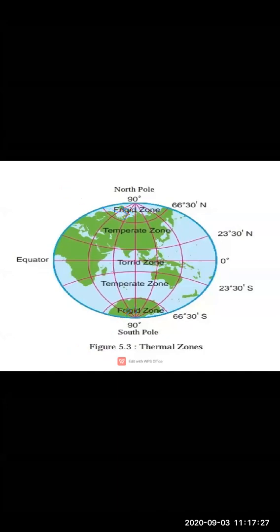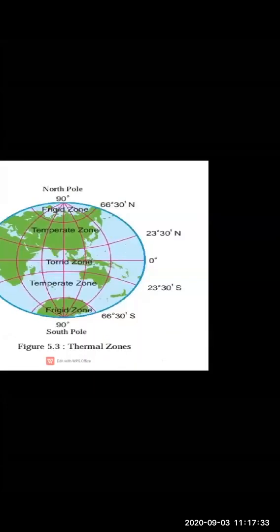Now moving ahead. I hope you have understood this, children. Now we are going to study that though latitude is the main factor, there are other factors also which influence the distribution of temperature.